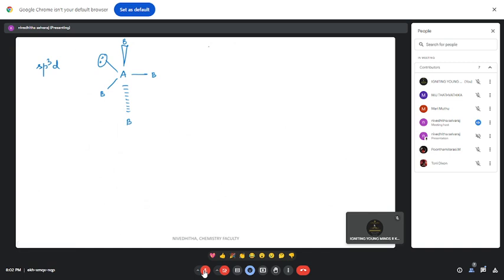Then this shape is called seesaw, or it is also called distorted tetrahedral. Distorted tetrahedral. Is that clear? Okay. Example, SF4. Please find the hybridization of sulfur in SF4. What is the hybridization of sulfur in SF4?